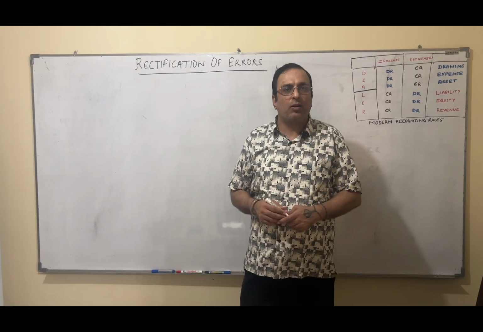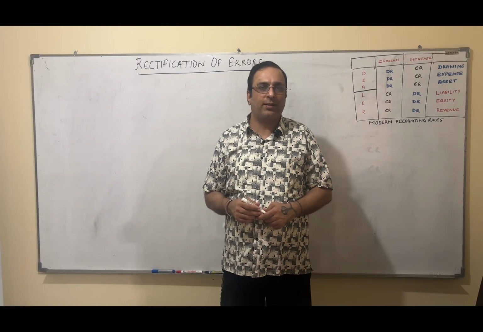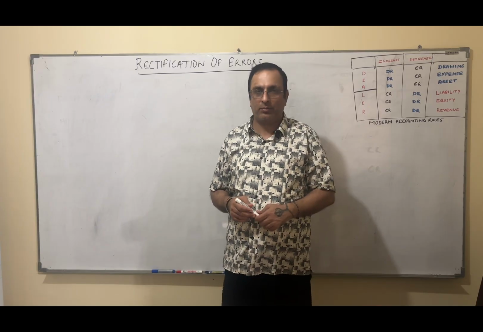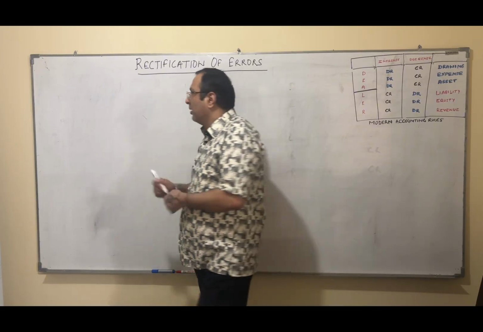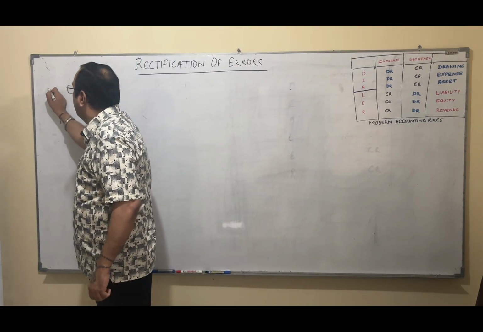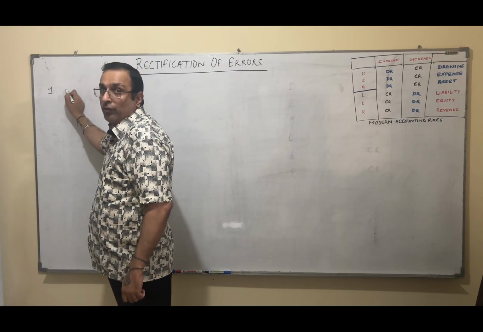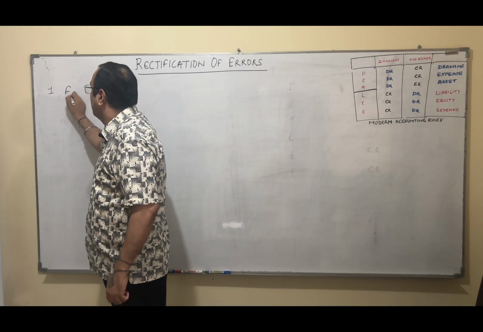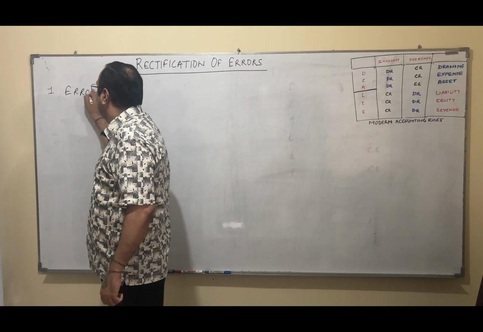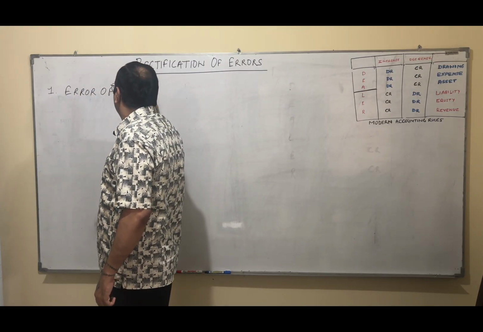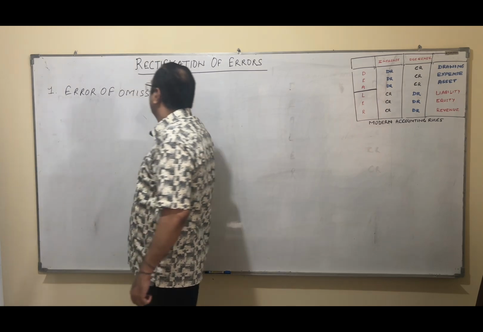Today we are going to discuss the two-sided errors which do not affect the trial balance in detail. So let's start, guys. As you can see, the first error which does not affect the trial balance, which we call two-sided error, is known as error of omission.